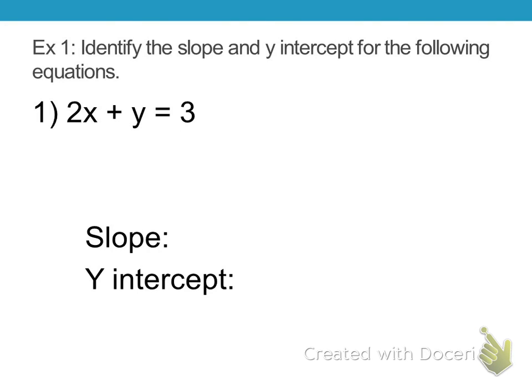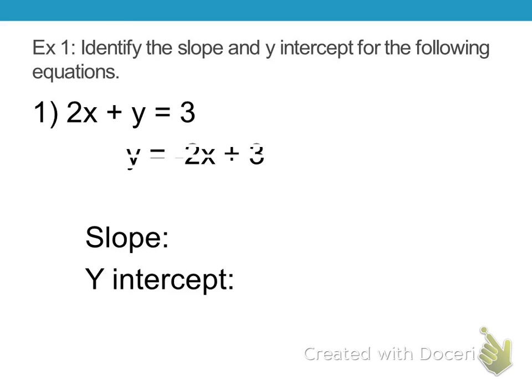All right. Here's example 1. Example 1, or the first couple examples, are a lot of review from last chapter, just to kind of get your brains thinking about what we did previously. So if I want to find the slope and the y-intercept, what would I do?